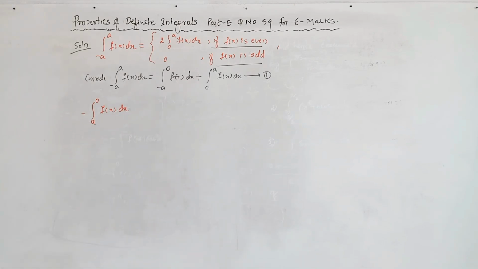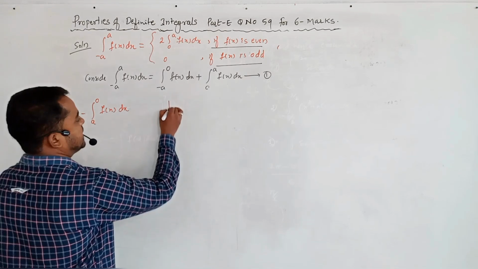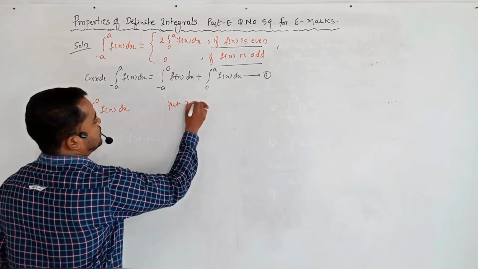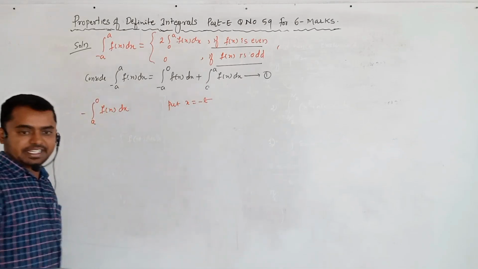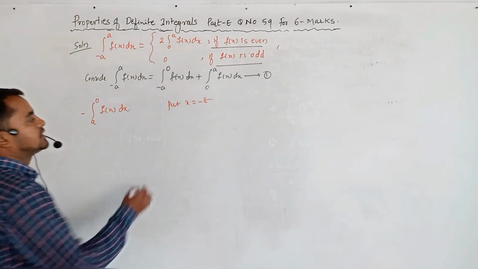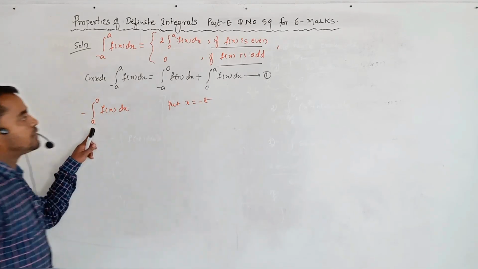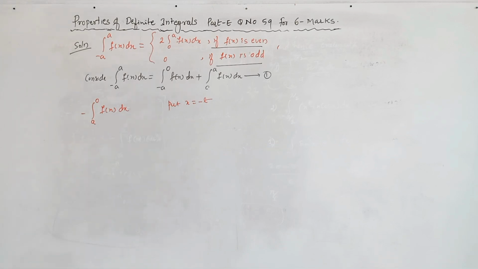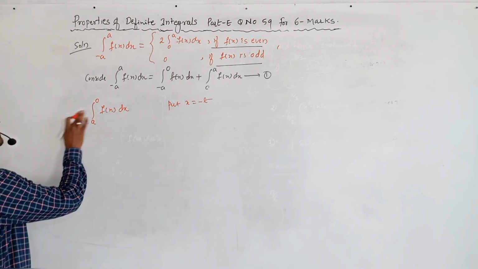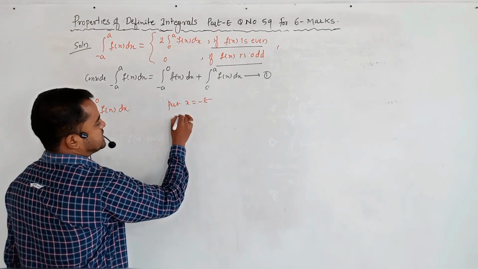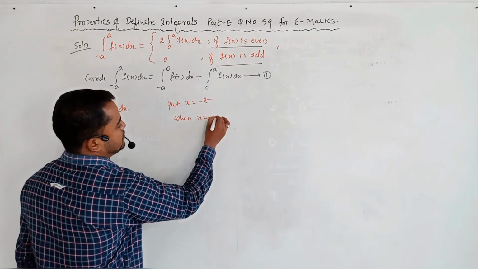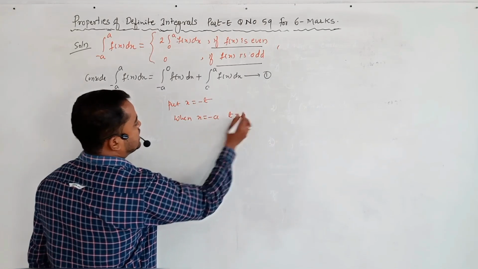Put x is equal to minus t. When x is equal to minus a, t is equal to what?